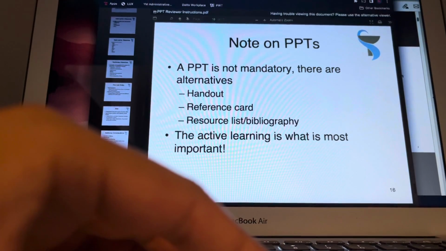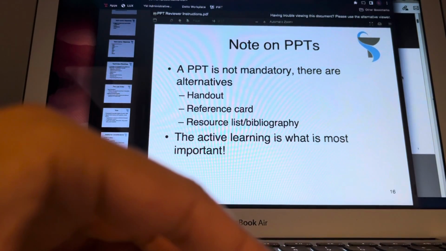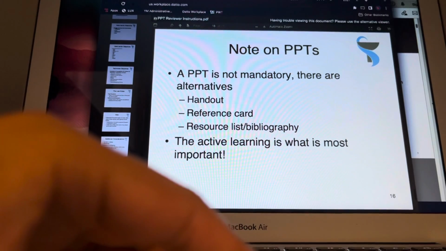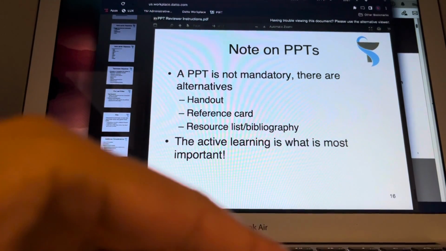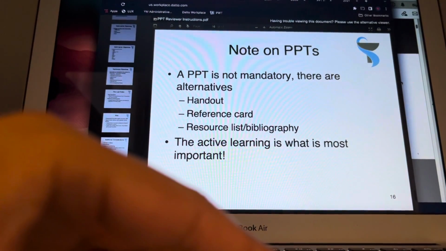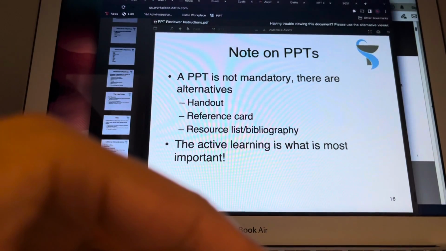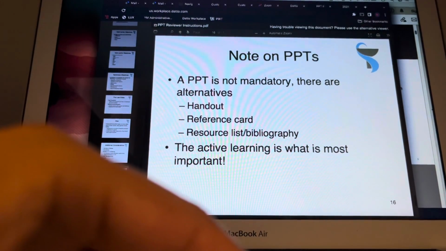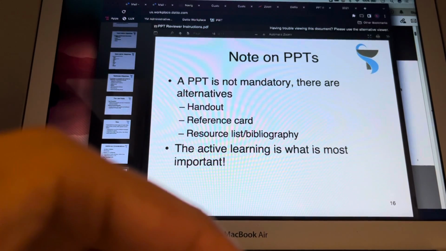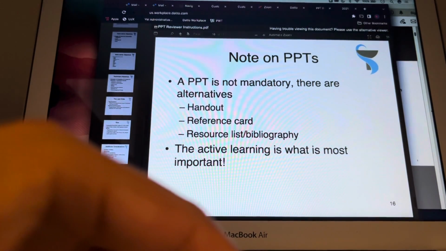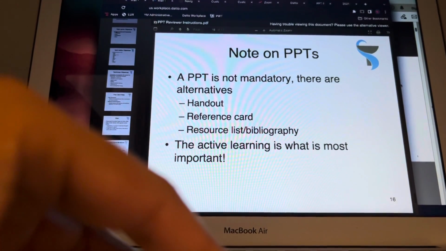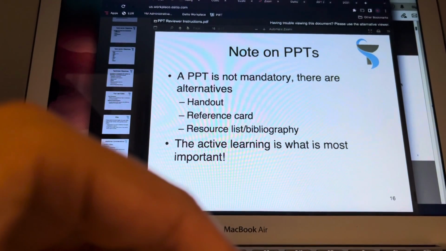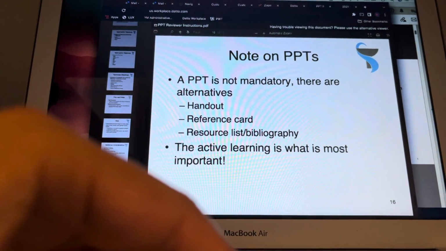A note on PowerPoint presentations. A PowerPoint is not mandatory, however, there are alternatives. This is a 2013 PowerPoint presentation, and in 2022, we have changed things dramatically where every CE session is held virtually. And in order for our audience members to fully engage in the speaker's topic of discussion at hand, PowerPoint has become necessary.